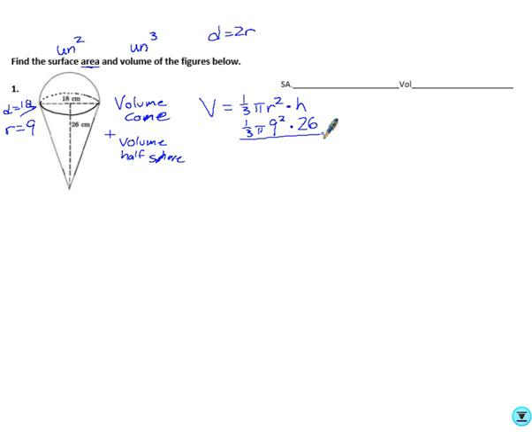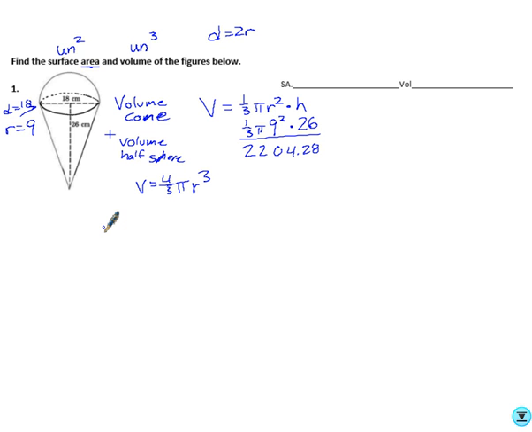So now I'm just going to simplify that out. When I punch that all into the calculator, it gives you 2,204.28. That would be centimeters cubed. So now the volume of a half sphere. The volume of a full sphere is volume equals 4/3 pi r cubed.